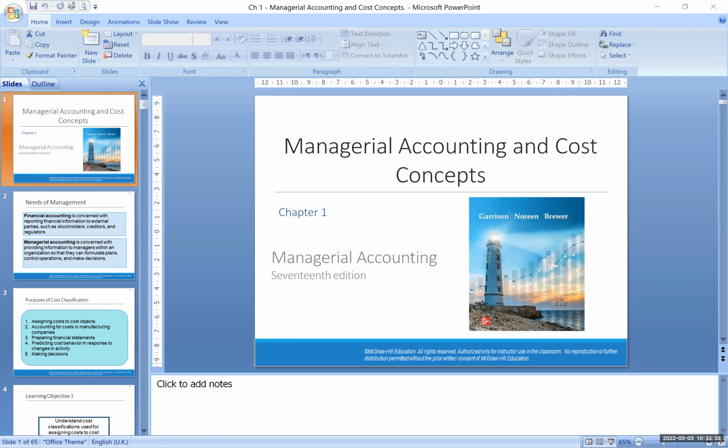So completed units of products that have not been sold to customers, but it is ready for sale. Again, the manufacturing companies have three inventories. The inventory that we are selling from is called finished goods, which means we complete manufacturing these items, and it is ready for sale.